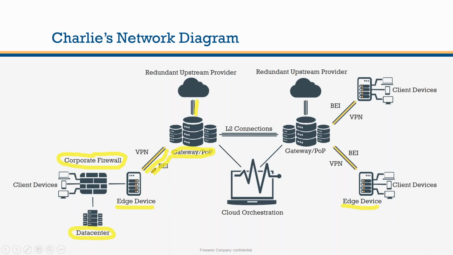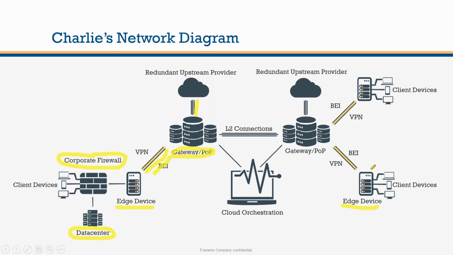So what this gives you is a redundant upstream at your corporate site that you won't feel any issues with any of your upstream providers, and it will also mitigate any issues felt by packet loss or latency.